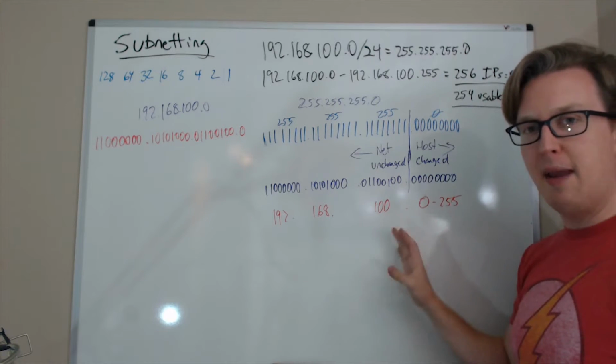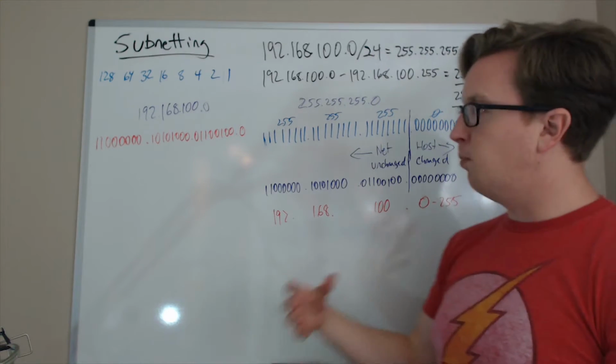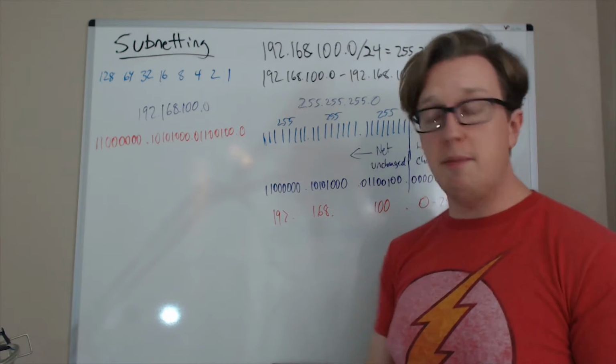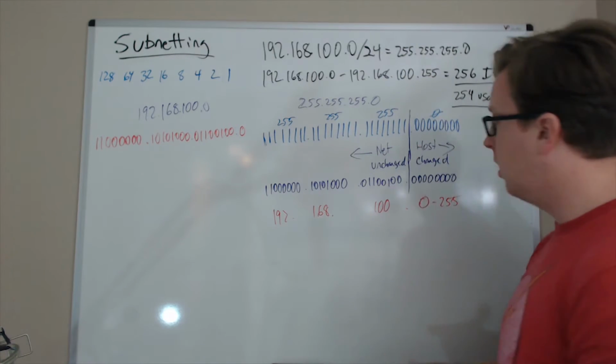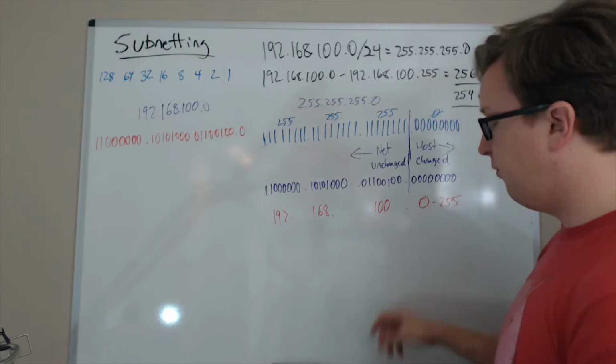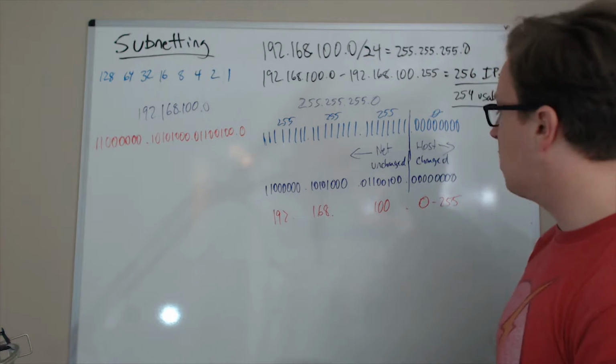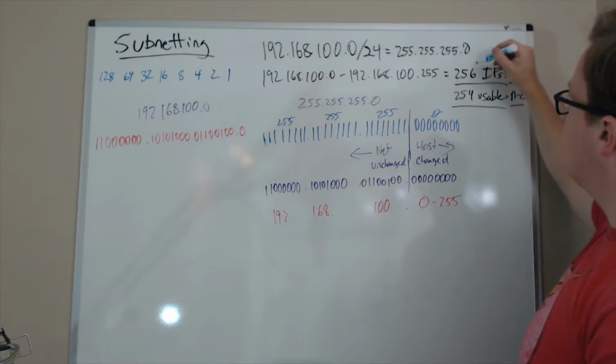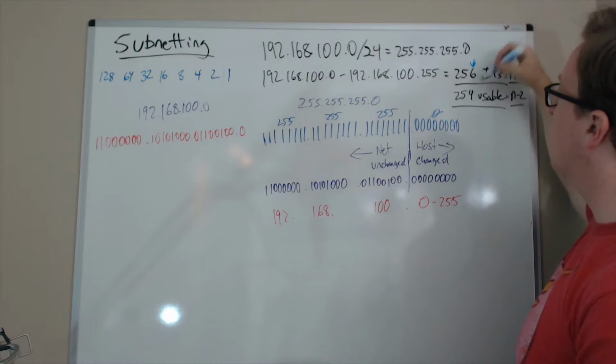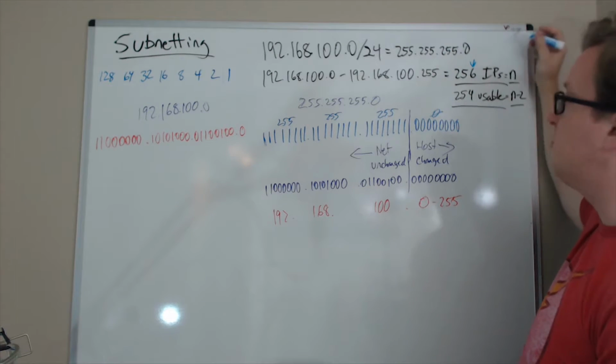Hopefully that makes sense, but that brings us to the next point: subnetting, and actually cutting down this network. We have a network of 254 usable IP addresses.